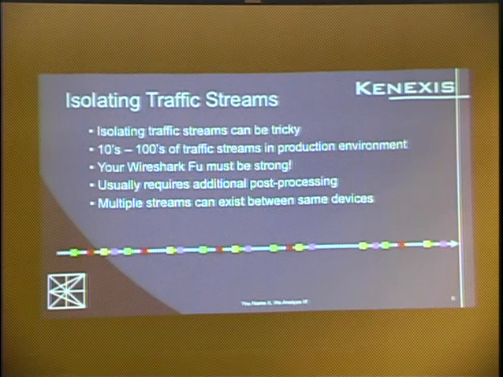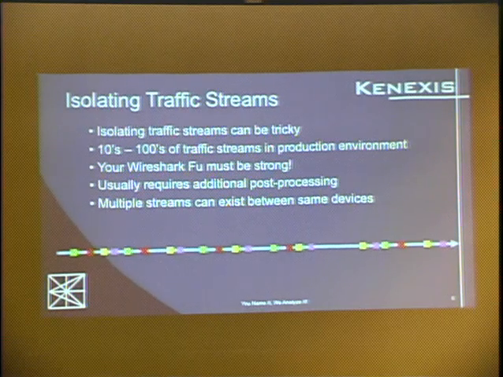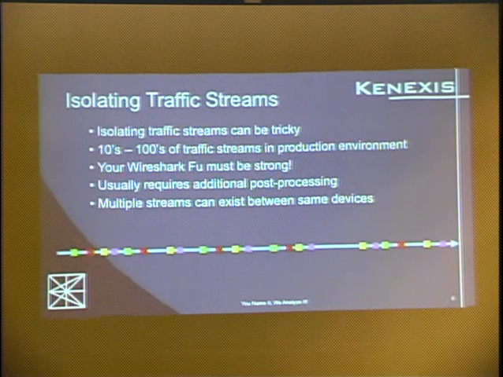But when you go in, you have to do an assessment first, and these are flat, ugly networks. So you may end up with hundreds, sometimes even upwards of 1,000 devices communicating. And there's also no guarantee that one device is only talking to another device with one set of communications. On a regular basis, you'll end up with multiple communication streams coming from the same device to another device.